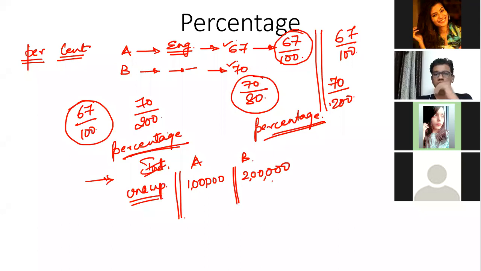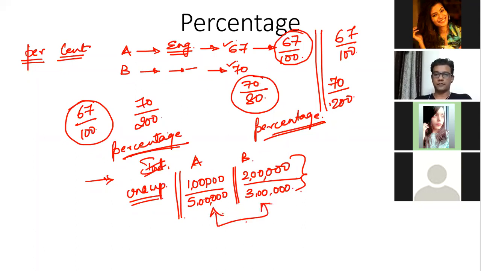Looking at this, I know that the number of unemployed in B is higher compared to A. But if I look at percentage, let's say in country A, 1 lakh out of 5 lakh people are unemployed, and in country B, 2 lakh out of 3 lakh people are unemployed. Then I realize that country B has a very high unemployment ratio. So percentage becomes easy for me to compare, and that's why we require percentage. It's a comparison with respect to 100.